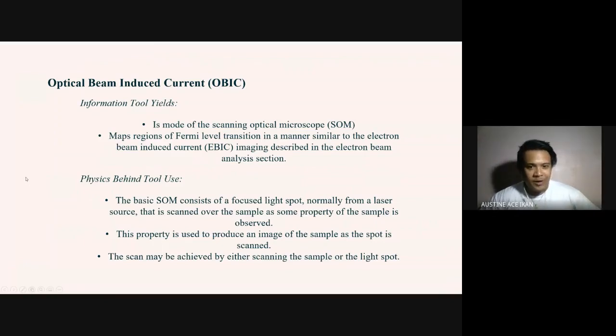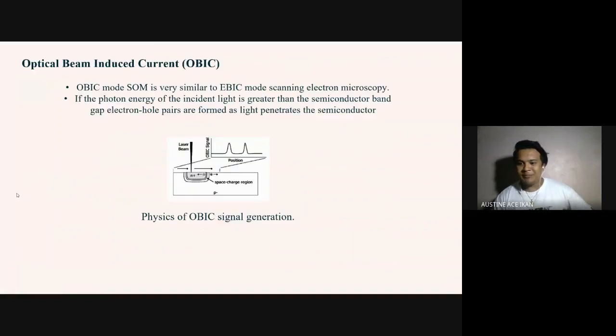The basic SOM consists of a focused light spot, normally from a laser source, that is scanned over a sample. Some property of the sample is observed, and this property is used to produce an image of the sample as the spot is scanned. The scan may be achieved by scanning the sample under the light spot. The additional testing information can be useful in selecting optimum conditions for performing OBIC.